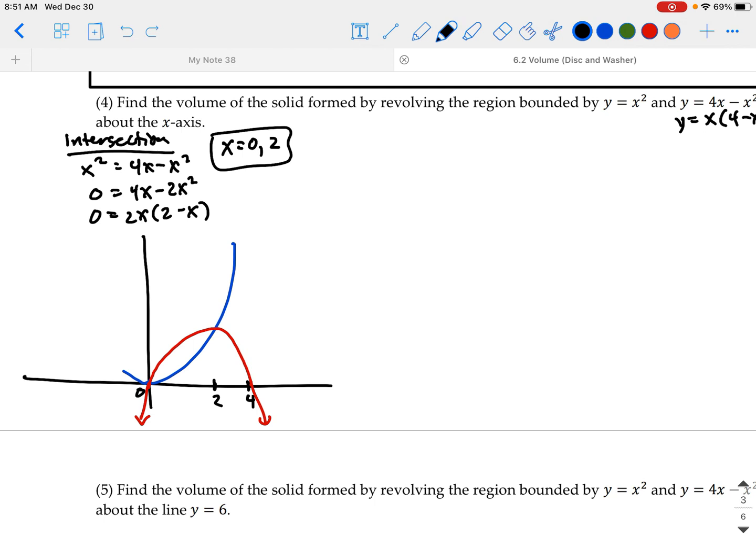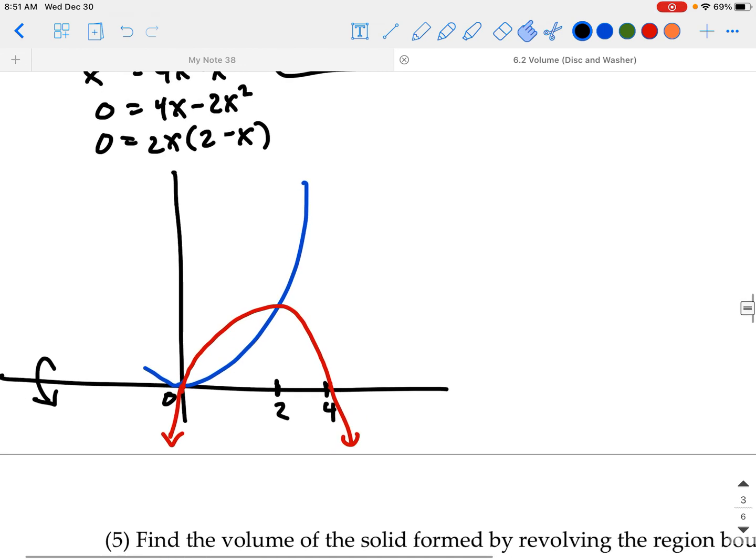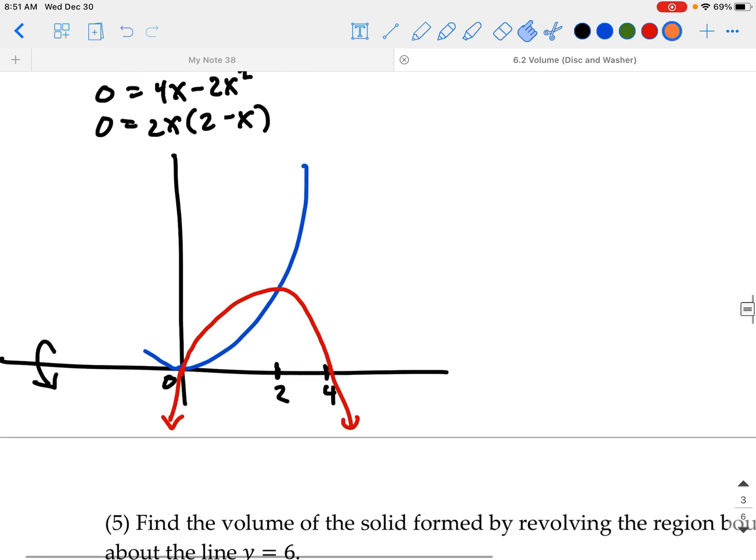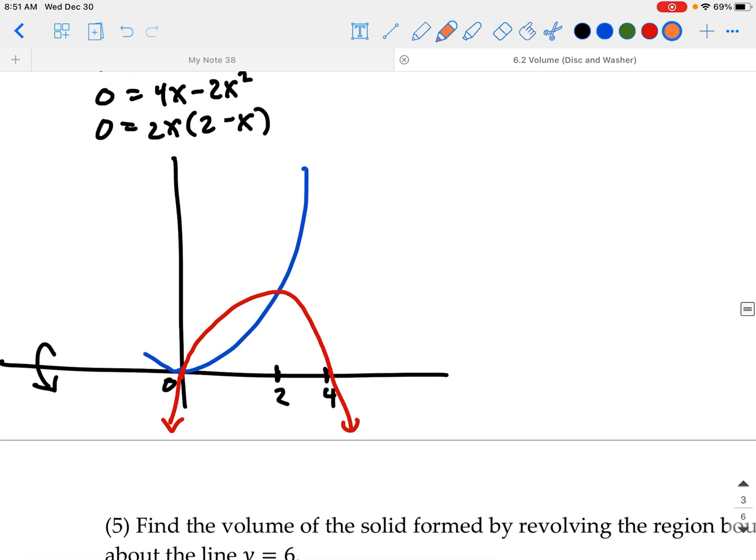So we're rotating about the x-axis. So we know that we're rotating it this way. So then our radii are going to be perpendicular to that. So let's go ahead and draw in our 2 radii. So we can see the blue curve is the smaller radius and the red curve is the larger.